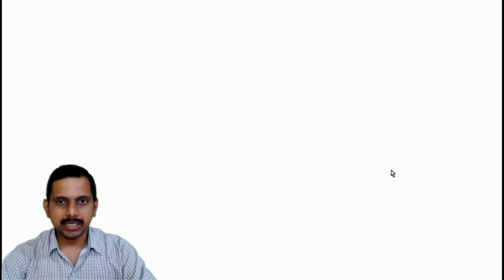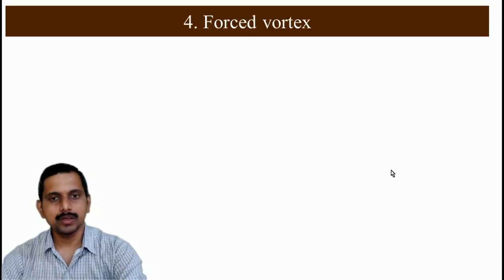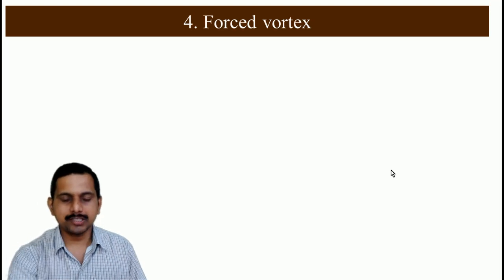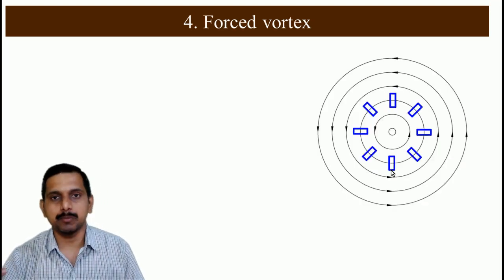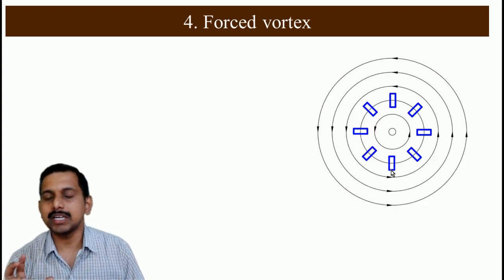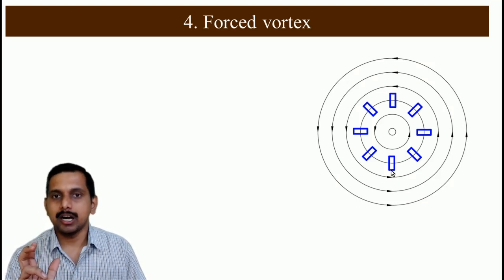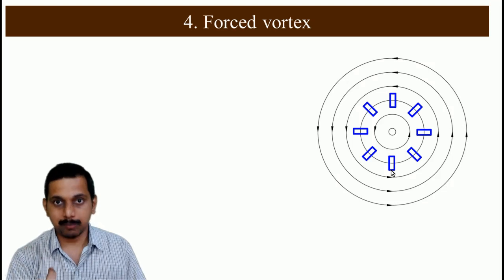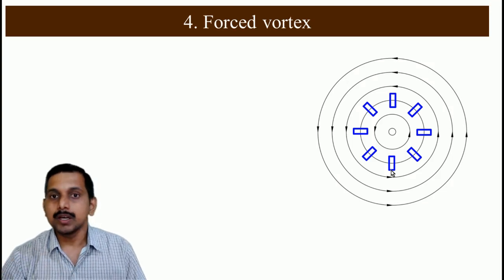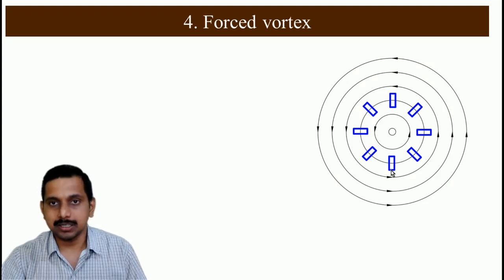now let us see the forced vortex flow. Now when you say forced vortex, it is similar to rigid body motion. The fluid particle is made to rotate with the help of, say, a cylinder which is rotated by a motor. So it is similar to a disc being rotated.